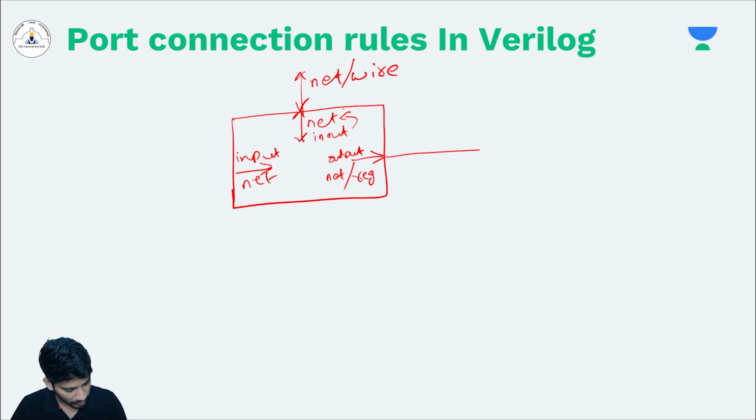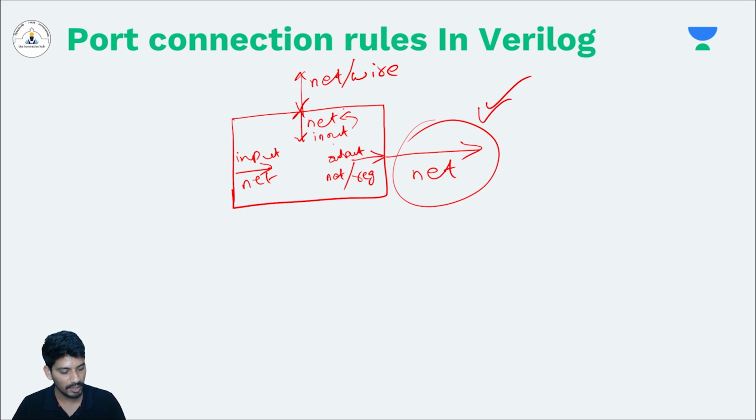While you are communicating with another module, since it is going as an input to the other module, it should definitely be net, not a register. This is an important thing you need to remember. You don't need to memorize it, just by seeing this you can understand, right? Since it is going as an input to another block, this should definitely be a net data type. Similarly, this is going as an input or inout port, so this should definitely be a net.